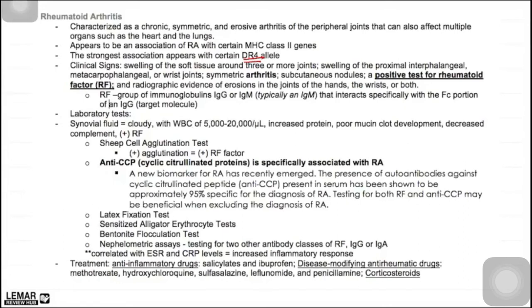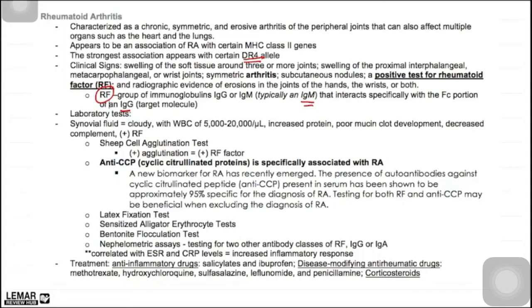RF or rheumatoid factor is a group of immunoglobulins, IgG or IgM, but most typically IgM, that interacts specifically with the Fc portion of a target molecule. The target molecule is the IgG molecule.